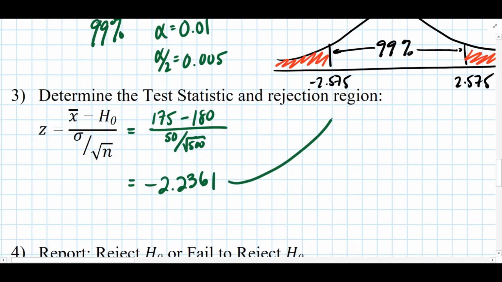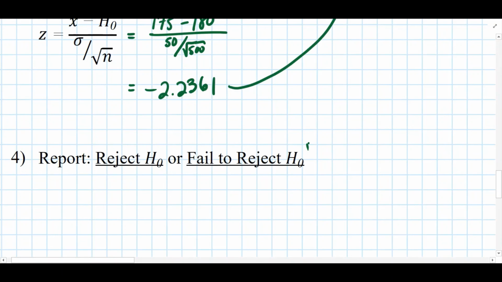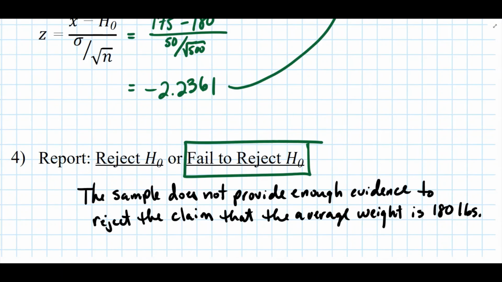This does not fall within our rejection region. Therefore, we fail to reject H0. The sample does not provide enough evidence to reject the claim that the average weight is 180 pounds.